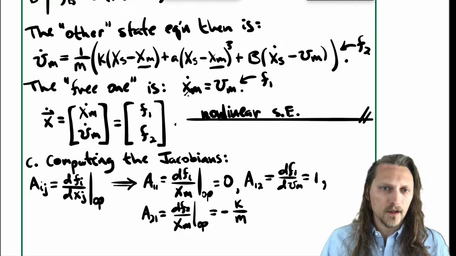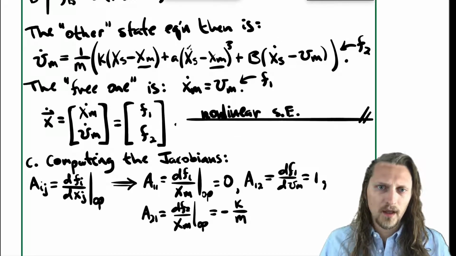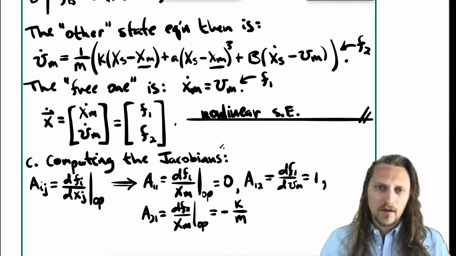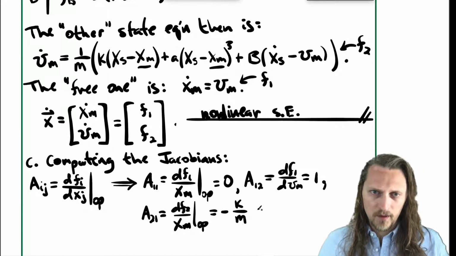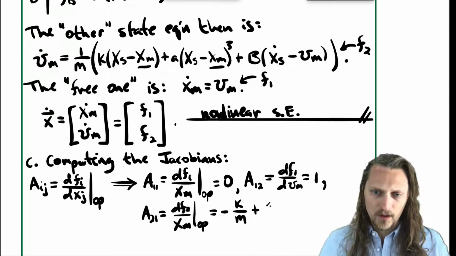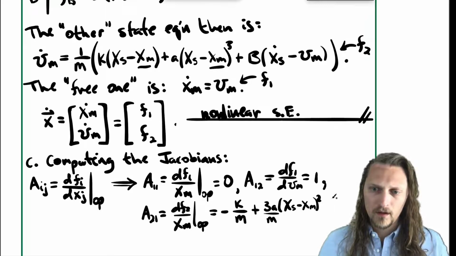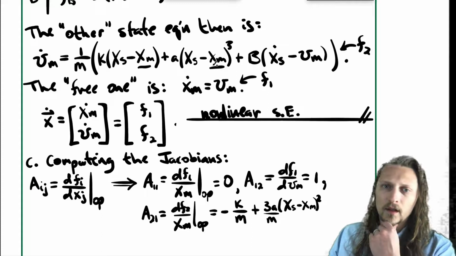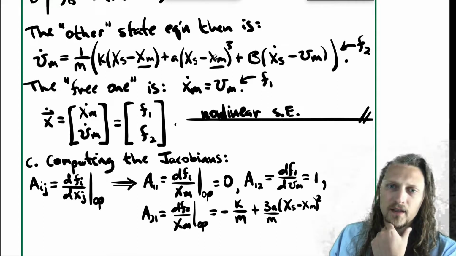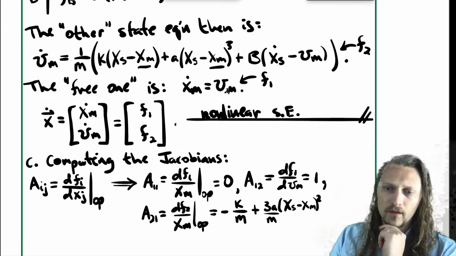And the other term here is going to be plus 3a over m, times (xs minus xm) squared, times the derivative of the expression inside the cube with respect to xm, which is just negative 1, right?